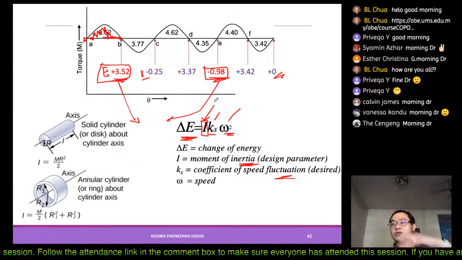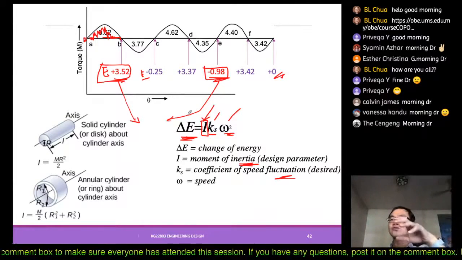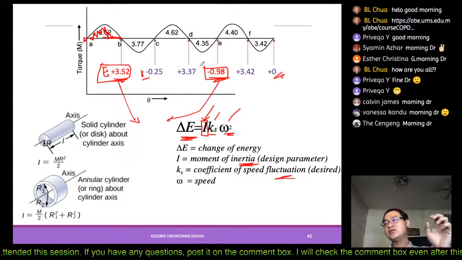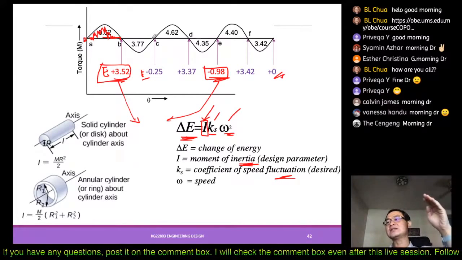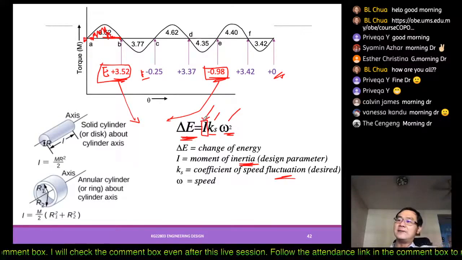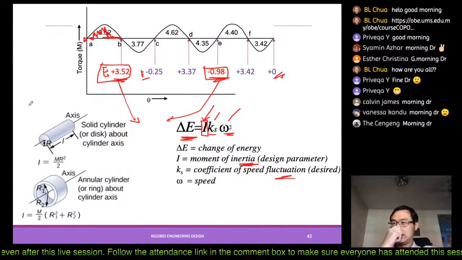So you have to design a moment of inertia large enough to supply enough energy for these changes from the highest to the smallest.